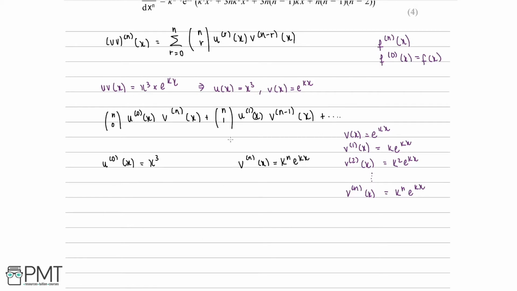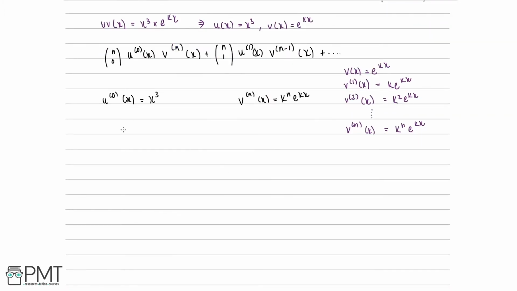Now let's continue finding these terms by differentiating both the left-hand side and the right-hand side. So the first derivative of u will be the derivative of our initial function, which is just 3x squared, and our n minus 1 derivative of v will be k to the power of n minus 1 e to the kx, and our second derivative will be 6x, and similarly our n minus 2 derivative of v will be k to the power of n minus 2 e to the kx.